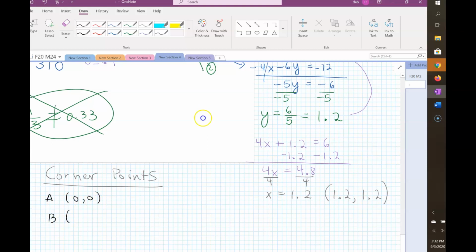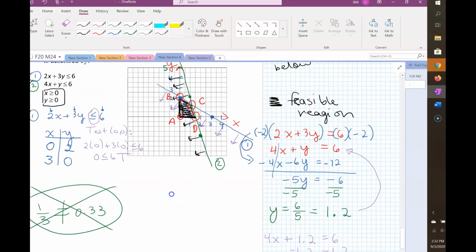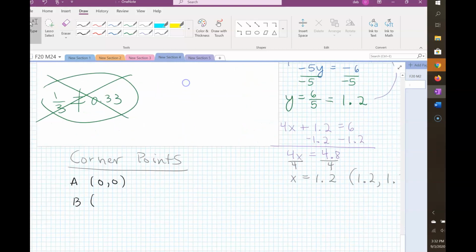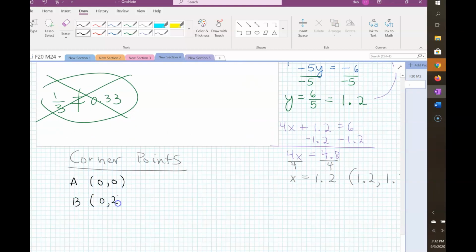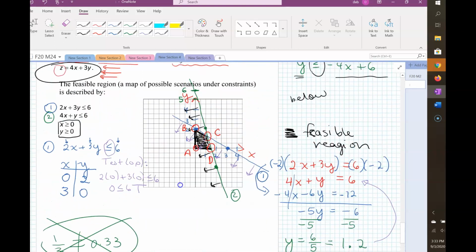Corner point B we said was the y-intercept of line 1. The y-intercept was 0, 2. Now we have point C, which is the intersection point of the two lines, 1.2, 1.2. And then we need the x-intercept of line 2.